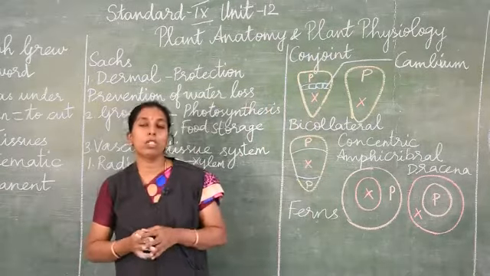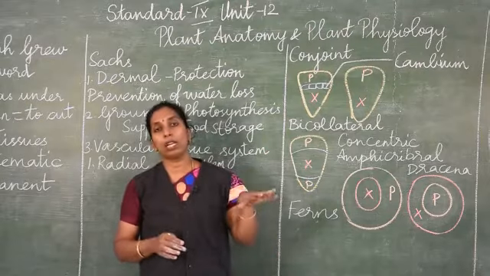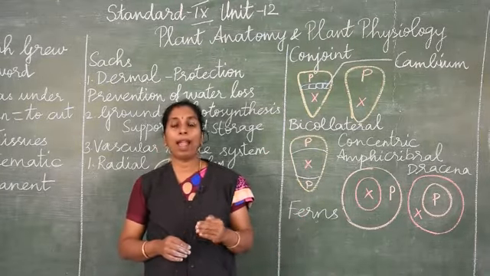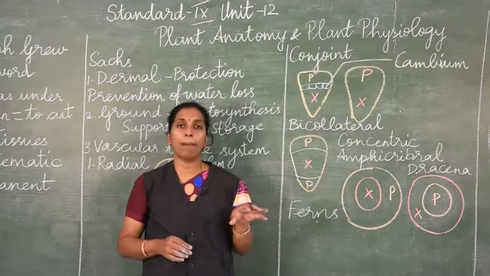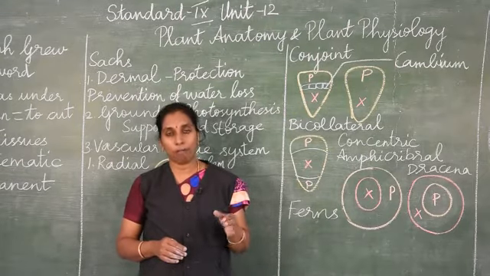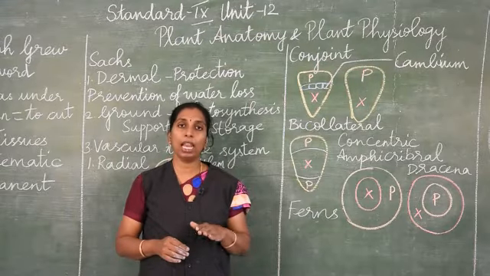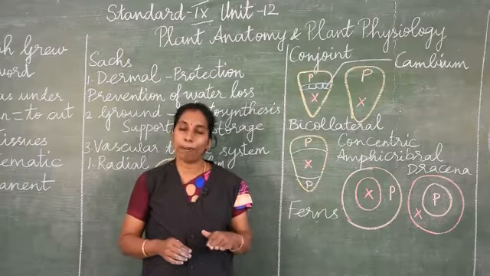So now you know the lesson name, unit 12, plant anatomy and plant physiology. Plant anatomy means the study of internal structure of plants, and plant physiology means the physical, chemical and biological functions of plants.